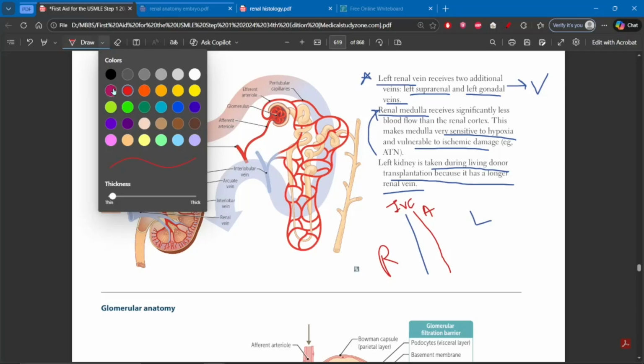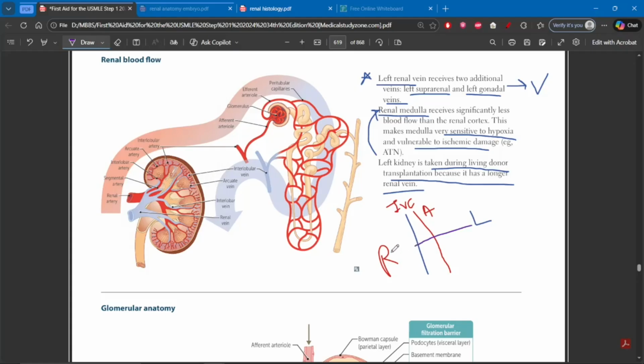So that is why the left vein is longer, because it has to cross the aorta. The right vein is shorter because it doesn't have to cross the aorta. So this is why the left kidney is taken during transplantation. All right.